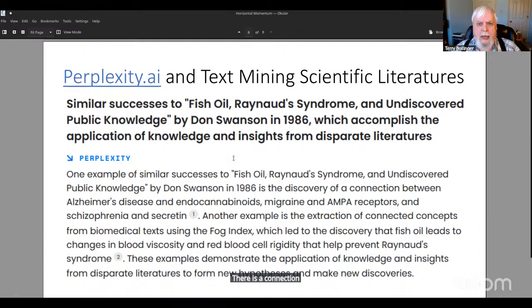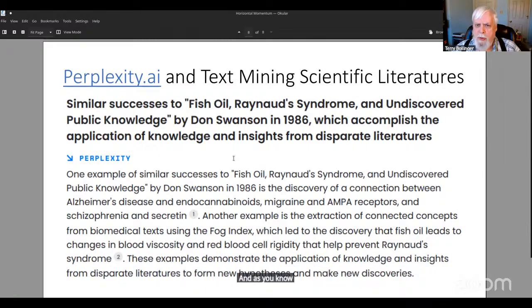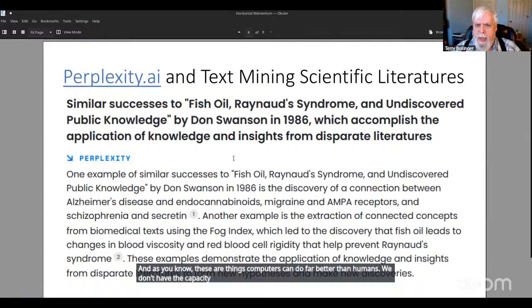And usually that connection, the farther apart the fields are, the more profound it may be if it's real. It could be accidental in some cases, but often it's not accidental. Often there is a reason why these patterns are repeating. And as you know, these are things computers can do far better than humans. We don't have the capacity to do that.